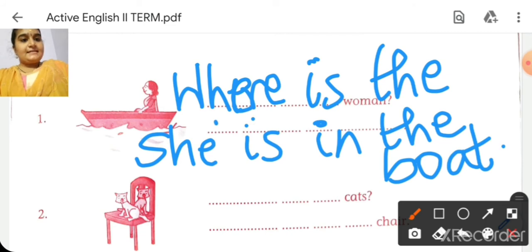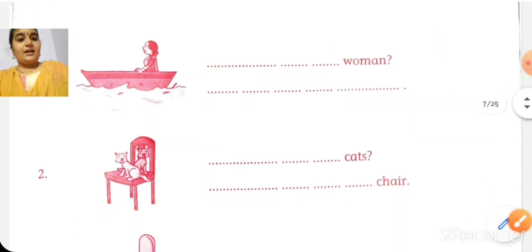She is in the boat. Where is the woman? She is in the boat. Yes. Can we write the next one?